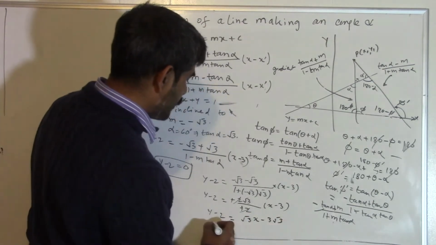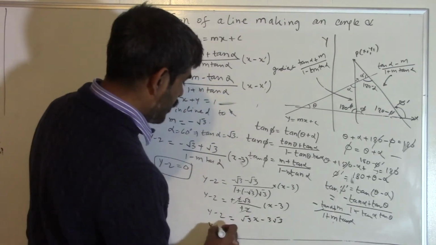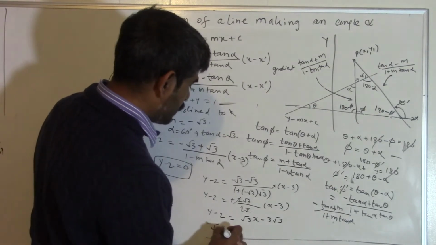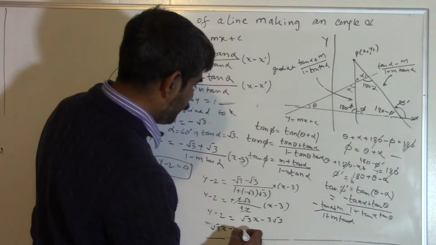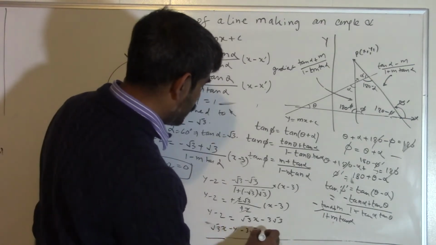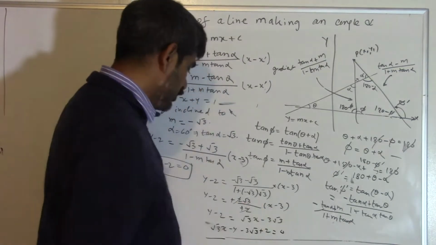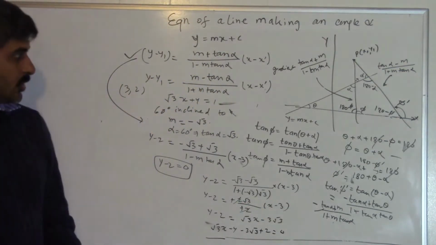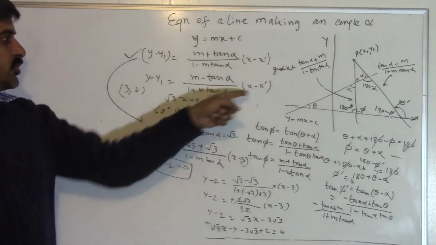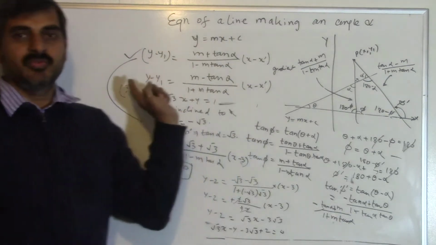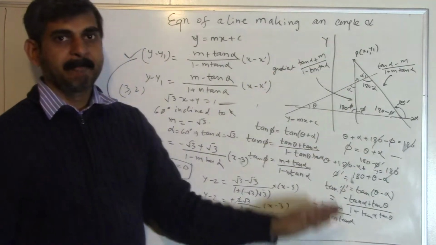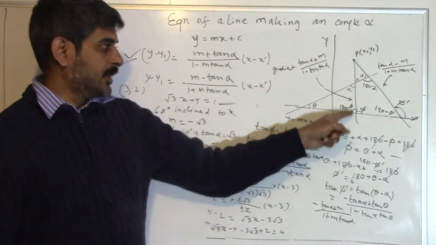You can simplify it a little bit to root 3x minus y minus 3 root 3 plus 2 equal to 0. So in case you don't need to memorize it because it's not used very often, but you need to follow this step of assuming the angle.